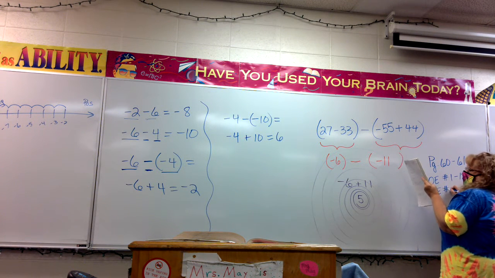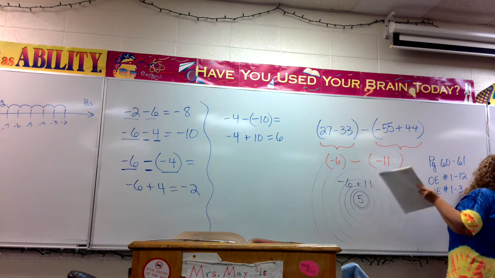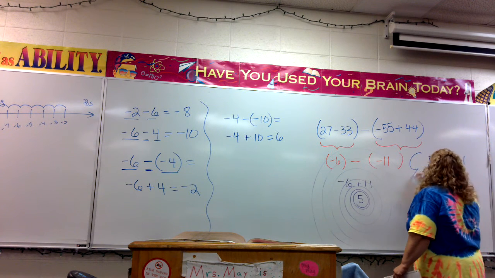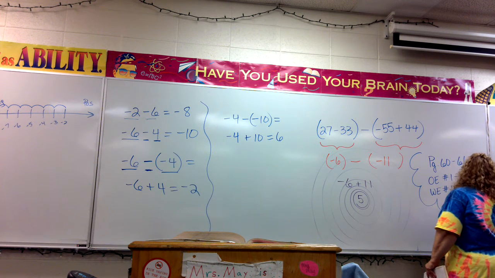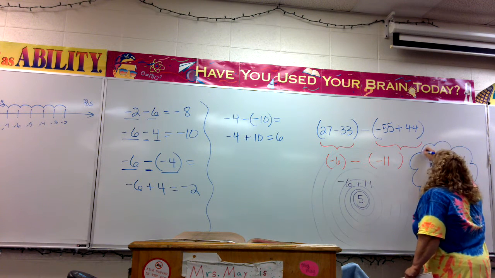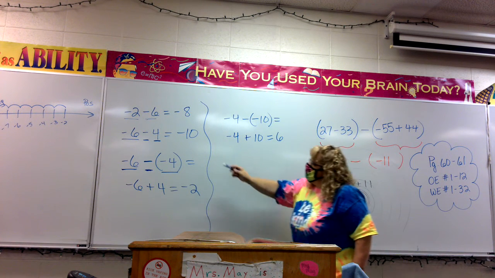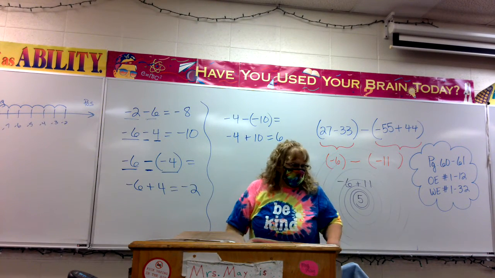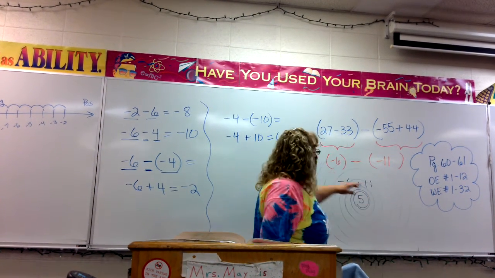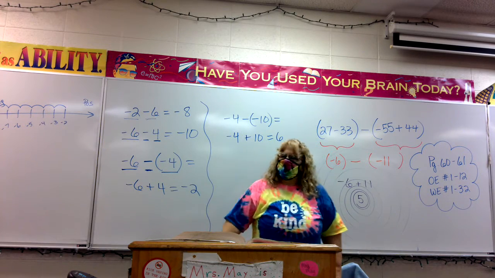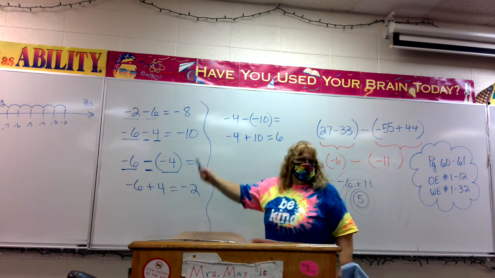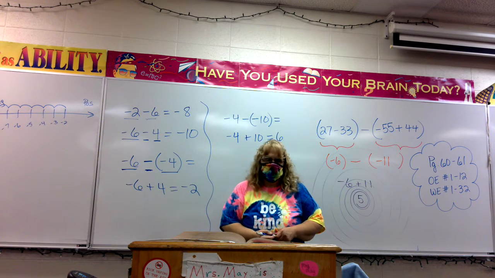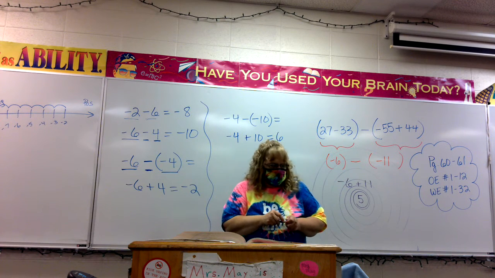And again, 1 to 32. They go pretty quick. There's not going to be any work to show for those. Some of these where it's a little bit bigger, maybe yes, but there's not going to be any work to show for the first ones, right?